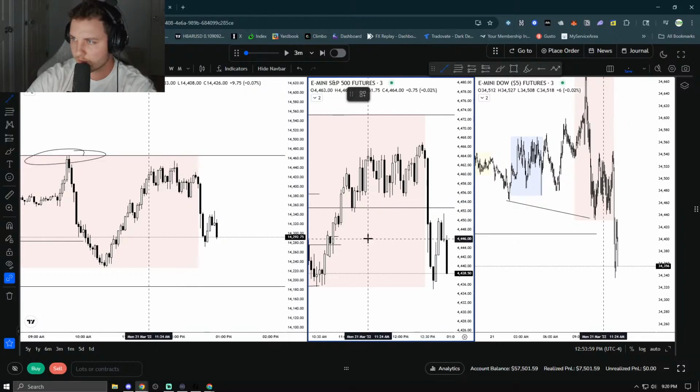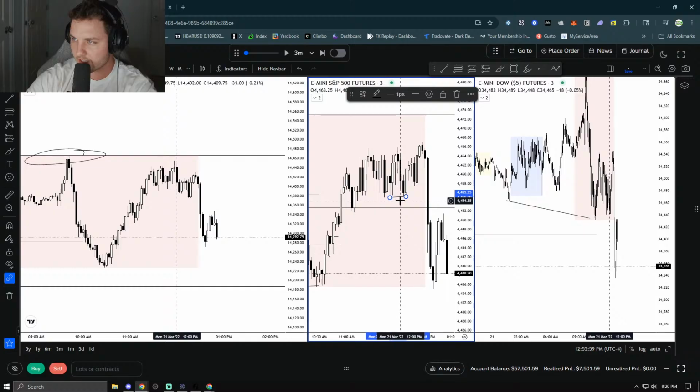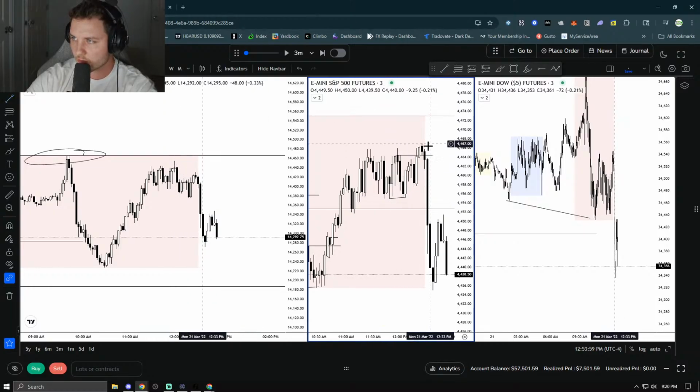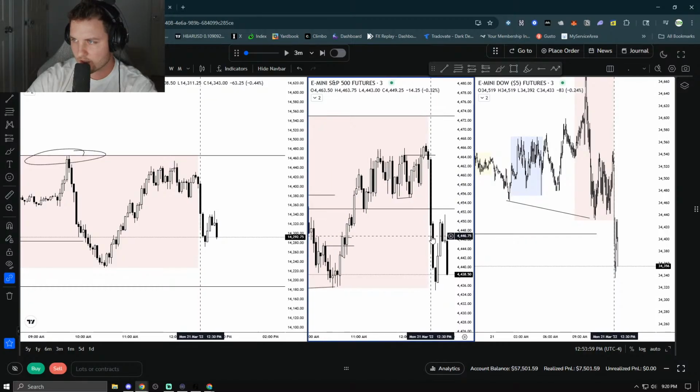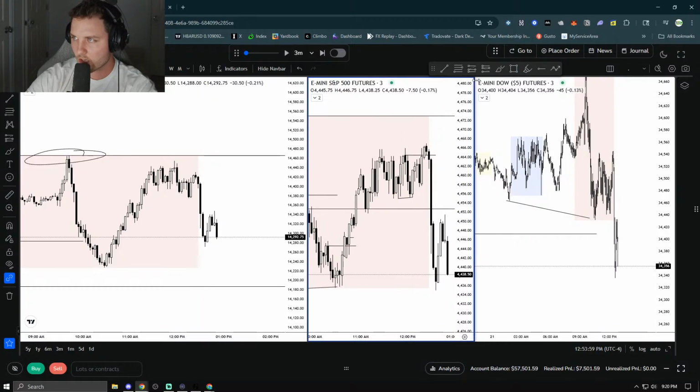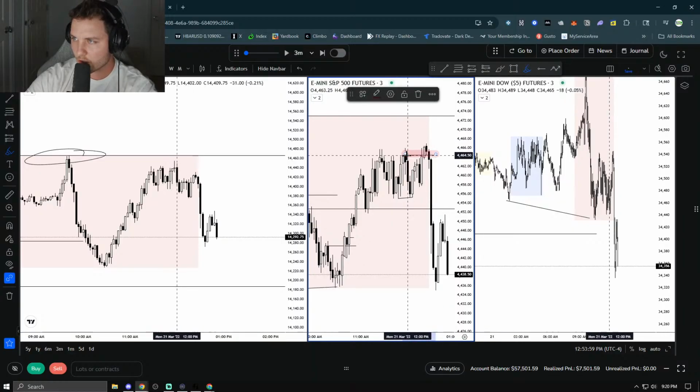Okay, so this is what I see. An SMT here, it's stronger. This order block here legit has to hold. Now, I don't know if I would. Yeah, so, okay. After this OB, you can go break even.